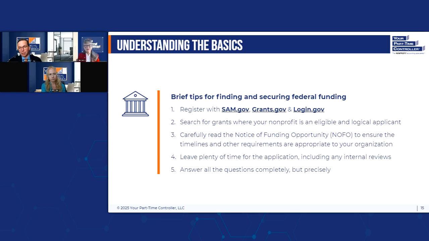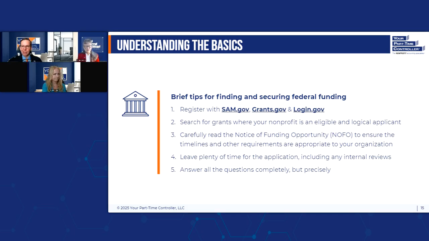We've even had a webinar lately where we talked about recent updates to the grants.gov website that lists all the federal grants and contracts, recent changes to uniform guidance that govern grants, and all of these webinars and other resources are always available free on our website. You'll find links to those at the end of this presentation.